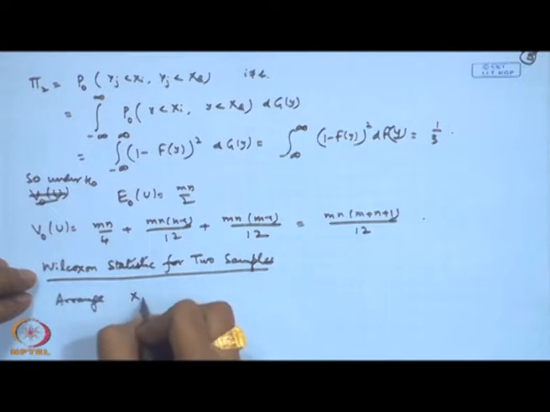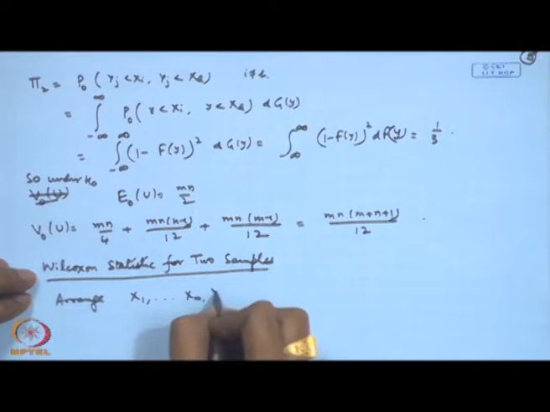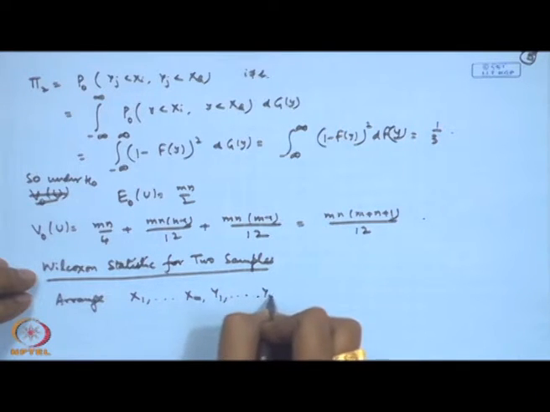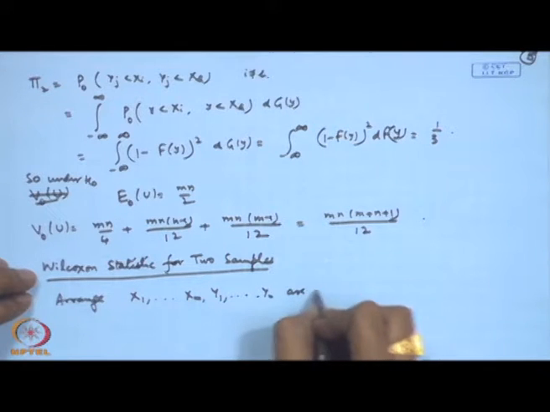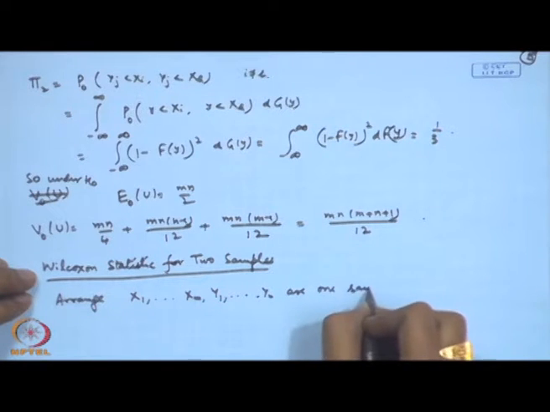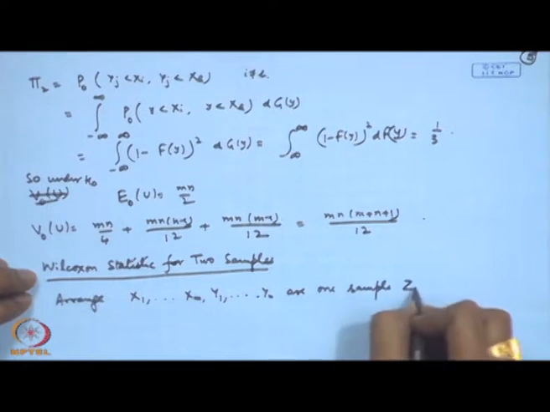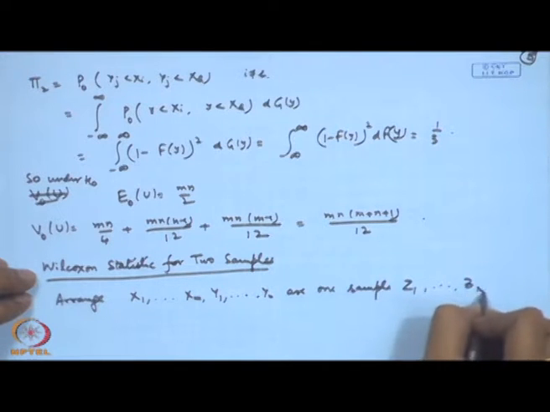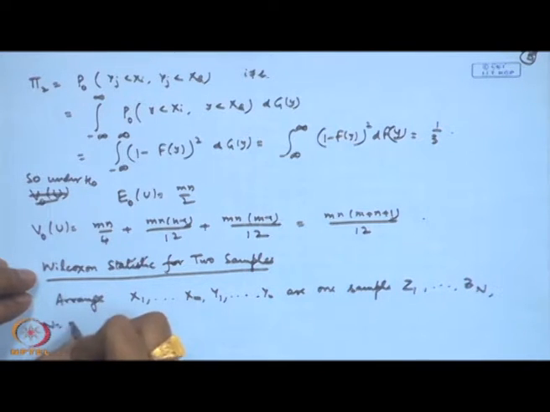Arrange x 1, x 2, x m, y 1, y 2, y n as one sample, say call it z 1, z 2, z N, where N is equal to m plus n.